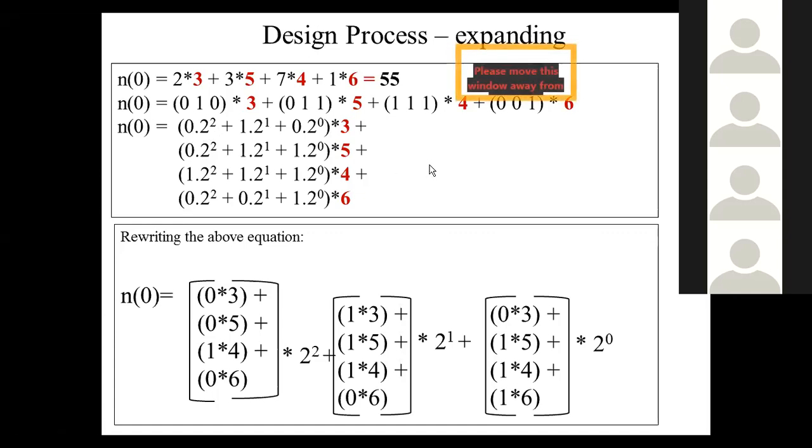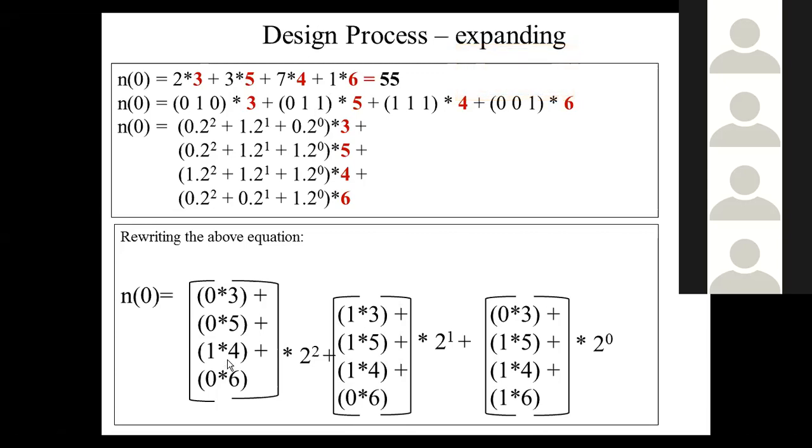Fine. Now, I have rearranged this by separating the MSBs, LSBs, and middle bits separately like this. So if you take the last term here, it is all the LSB bits of the inputs 2, 3, 7, 1. Then the middle term is the middle bits of 2, 3, 7, 1.